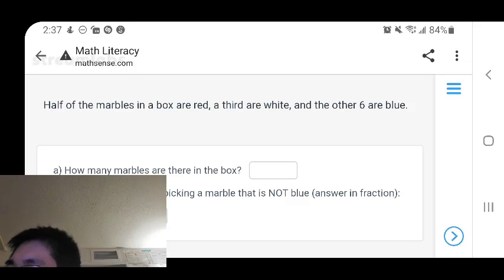I can use x. So x is the number of marbles in the box. Then 1/2 of them is red, so 1/2 x, plus 1/3 x is the amount of white marbles, and then you add 6.